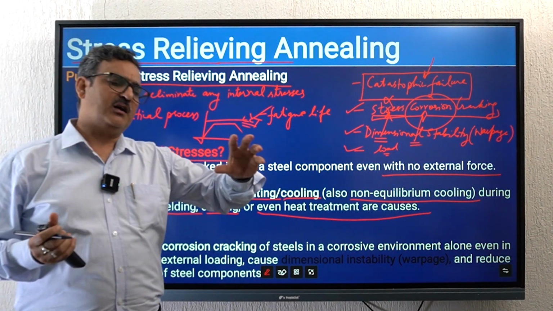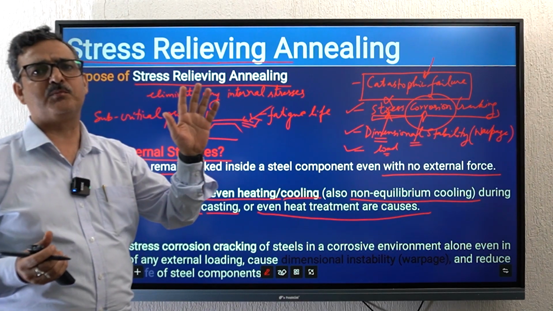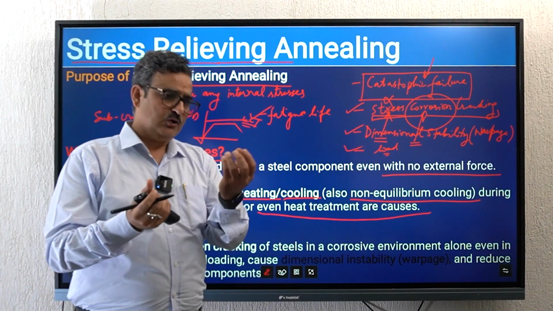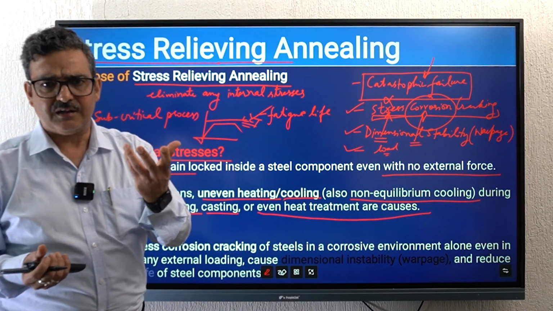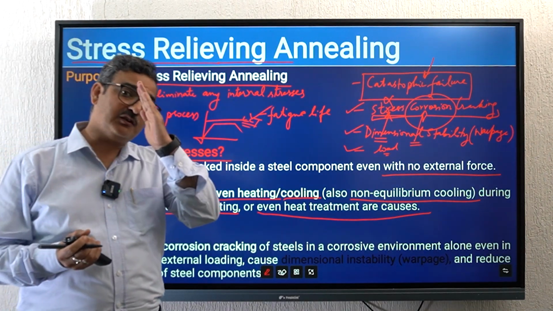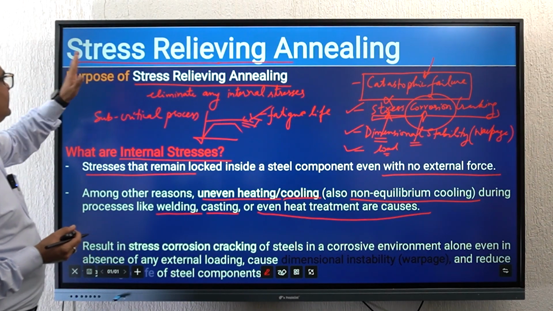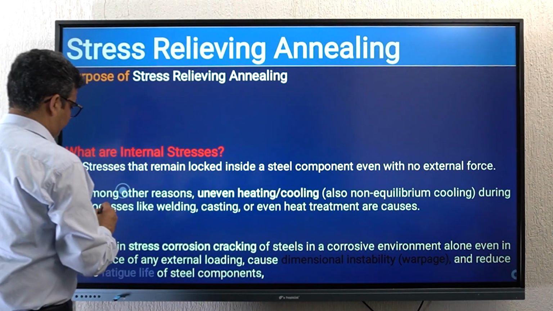We do not require austenite to come and transform into some other phases. That's not the problem. The problem is that we want some thermally activated phenomenon to come into picture, like recovery, recrystallization, diffusion. Largely here we require diffusion to happen, but under controlled heating and controlled cooling. So what is the procedure for stress relieving annealing? Let us see.